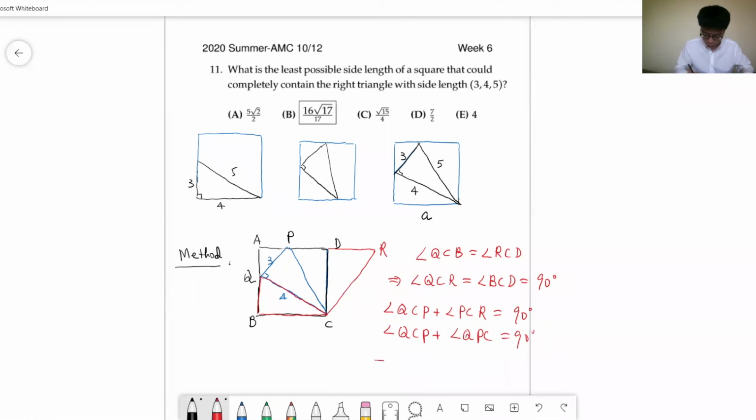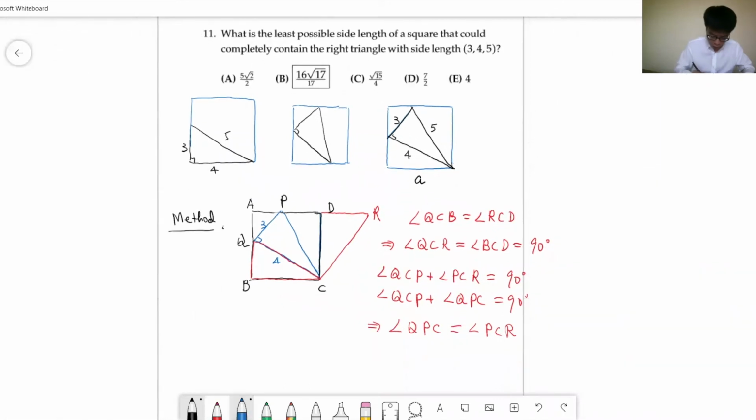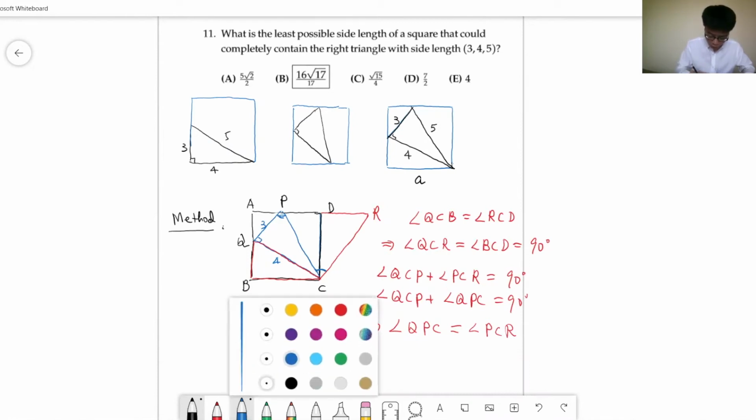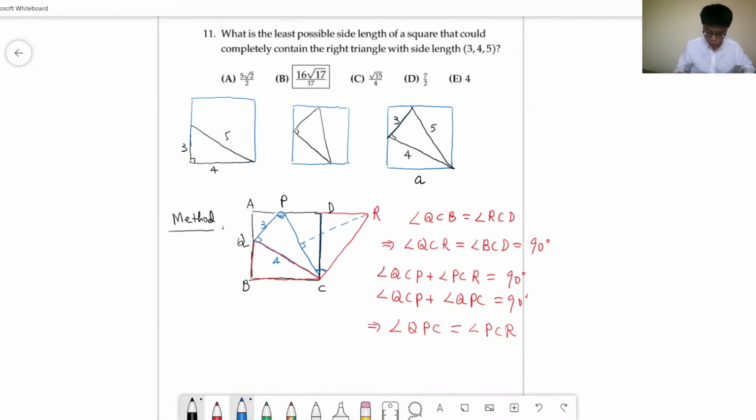So we have angle QPC equals angle PCR. Okay, these two angles are equal. Right, now I can basically draw this altitude from R to PC. So this will be 90 degrees.